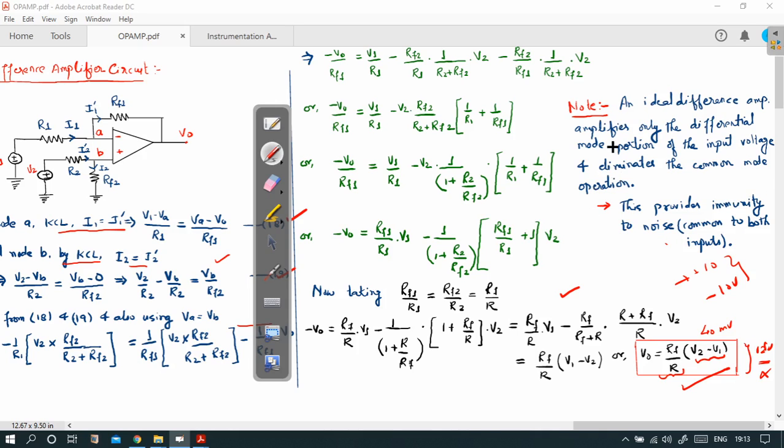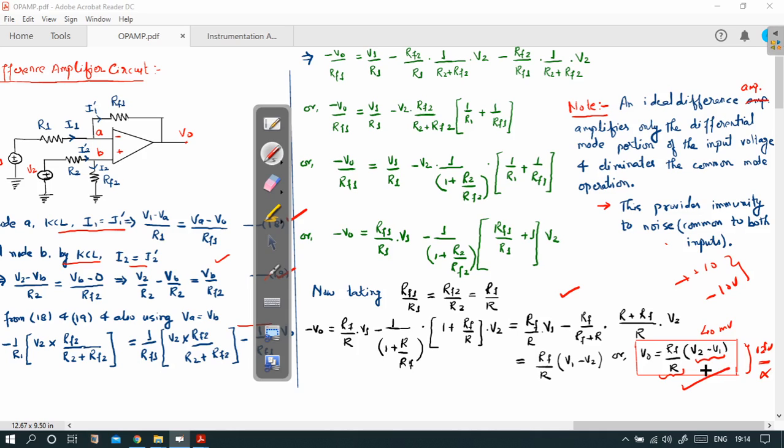Okay, so there is a note that an ideal difference amplifier amplifies only the differential mode portion of the input voltage and eliminates the common mode operation.